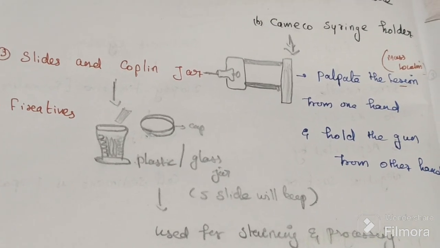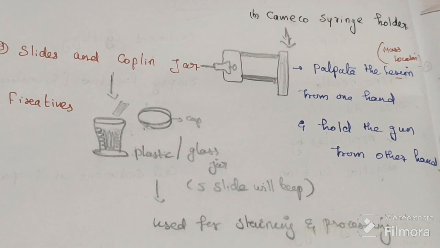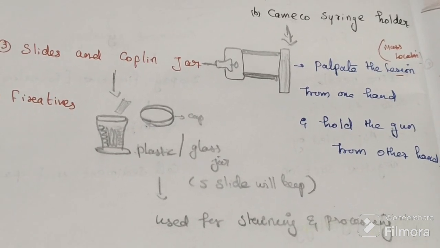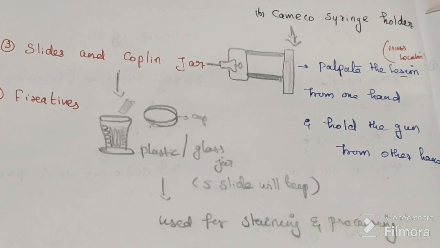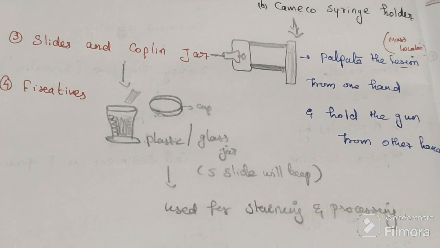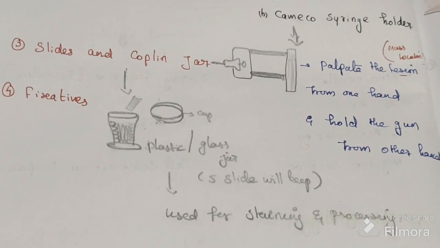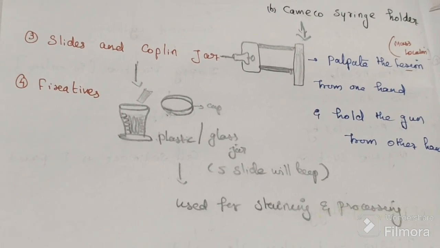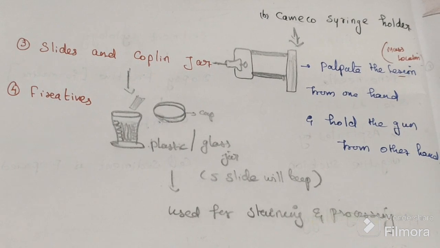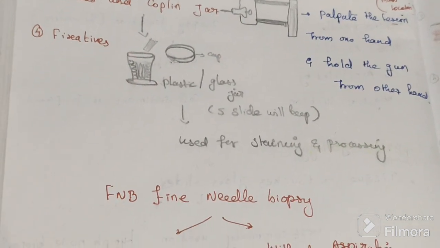Used for staining and processing. It will fix the slide and we can stain also and dry them also without removing from the jar. So no need to take the slide outside the jar. Fixation and staining both can be done within the jar itself on the slide. That is the advantage of the coplin staining jar.